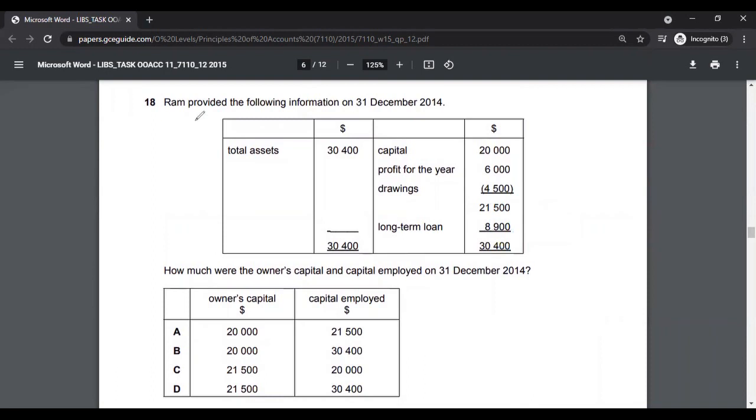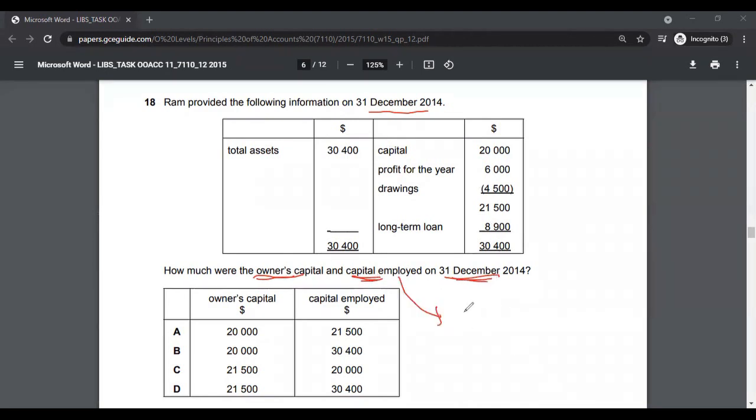Multiple choice 18. Ram provided the following information on 31st December 2014. How much were the owner's capital and capital employed on 31st December 2014? So capital employed is basically the sum of owner's capital plus the long-term loan.